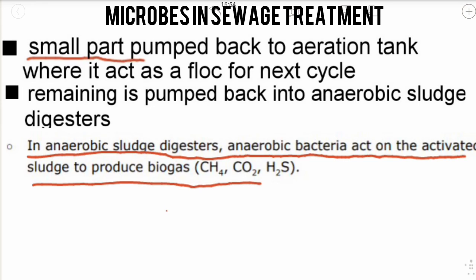Anaerobic bacteria grow to produce the mixture of gases such as methane, hydrogen sulfide and carbon dioxide to form the biogas. This effluent can then be released into the natural water bodies. So this effluent is now pollution free and it can be transferred into the natural water bodies.